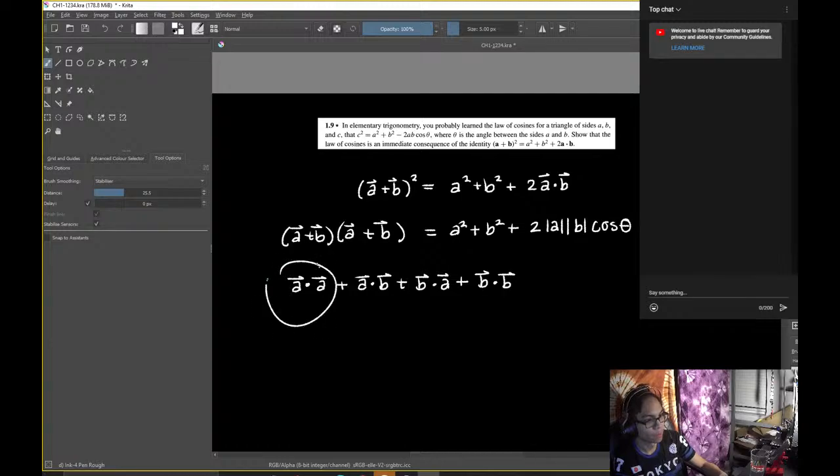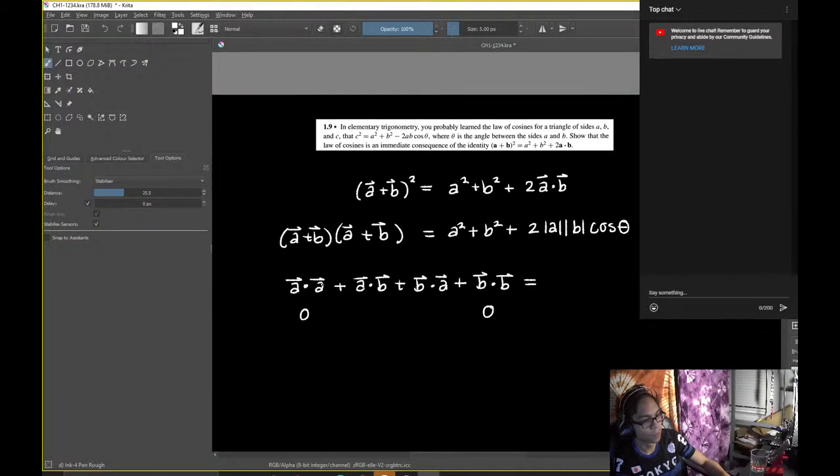Okay. A dot product a is basically 0. That's fine. This is also 0 as well. And then what else? This should be 0, 0. AB should be some angle.